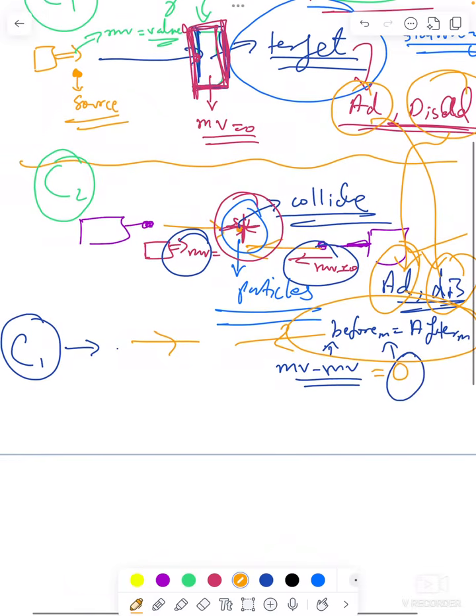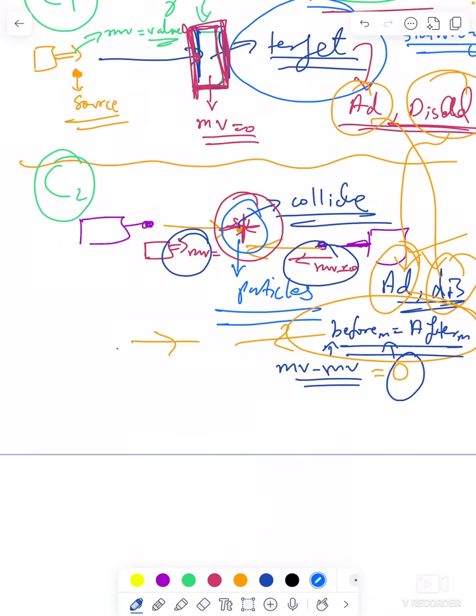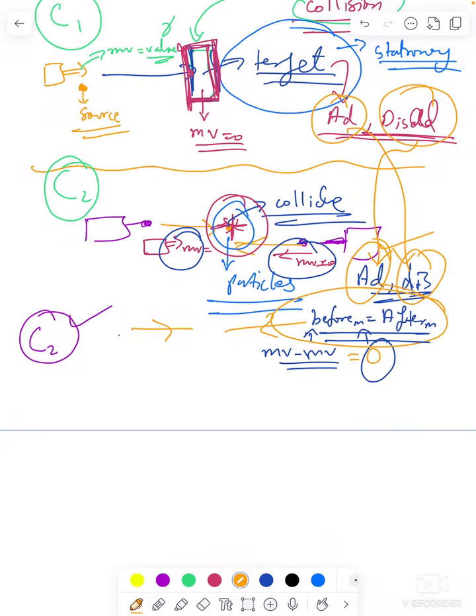Now, using this law that momentum is zero after the collision, I should talk about C2 first, because C1 is mostly used for particles. So in C2, the advantage is that the momentum after the collision is 0.